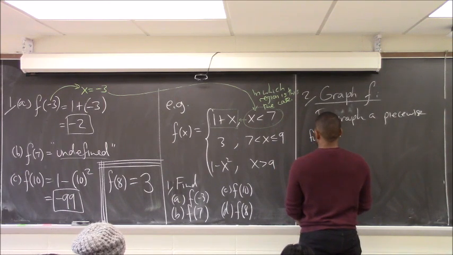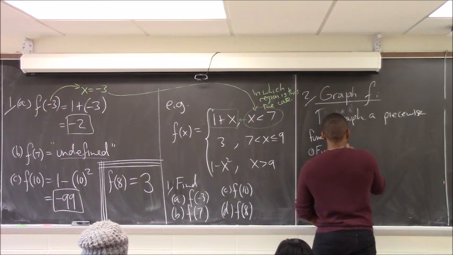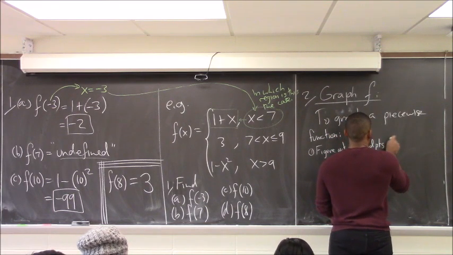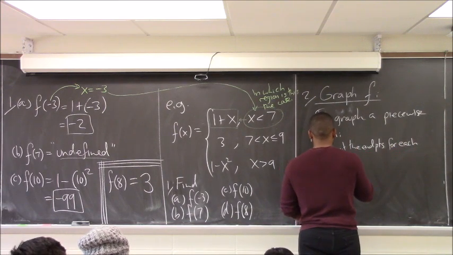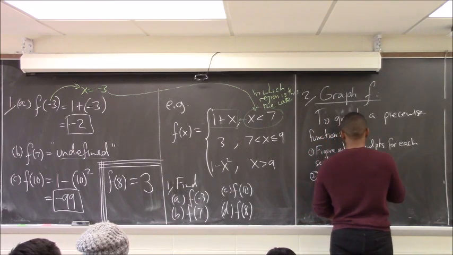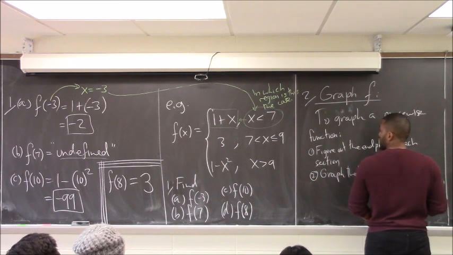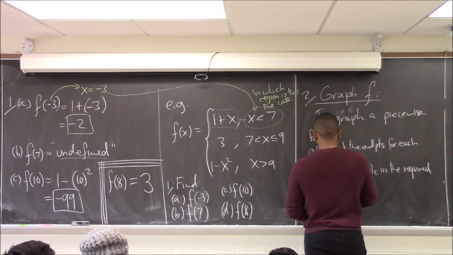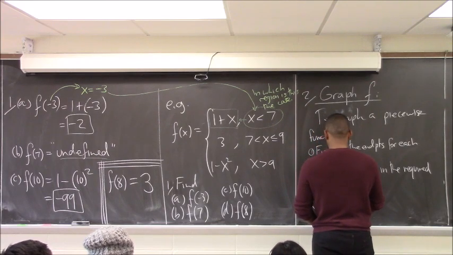How do you graph a piecewise function? Here's what I would do. 1, you want to figure out the endpoints. And 2, graph that rule in the ordered region. 3, I would say optional.